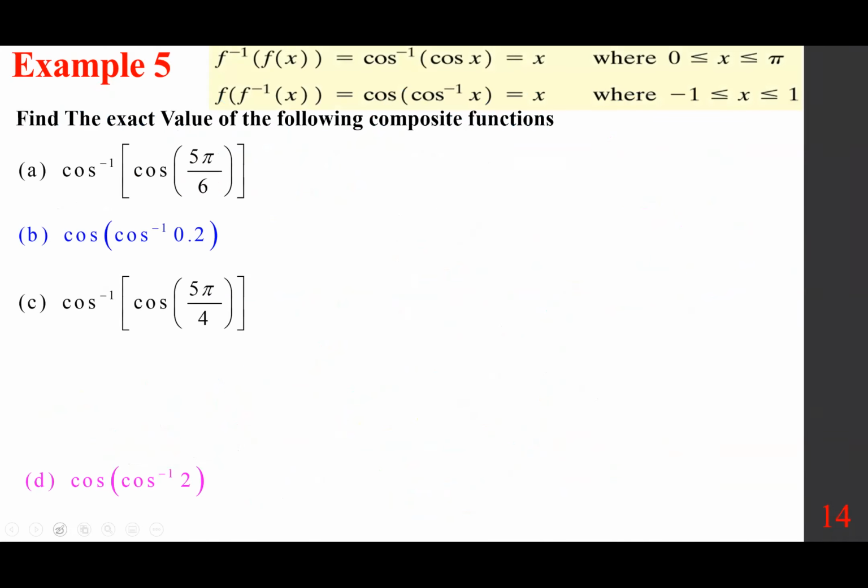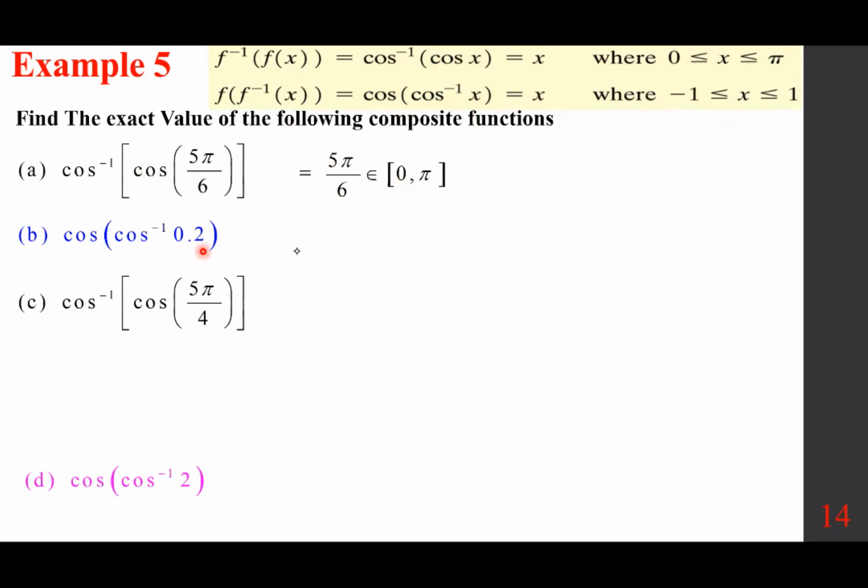All right. Over here again, reminding everyone, in the case of a cosine, if we have cosine inverse cosine, then this x must be between 0 and pi. If it's cosine cosine inverse, this x must be between -1 and 1. As we are looking at this one, and this is between 0 and pi, so simply put, the answer is 5 pi over 6.